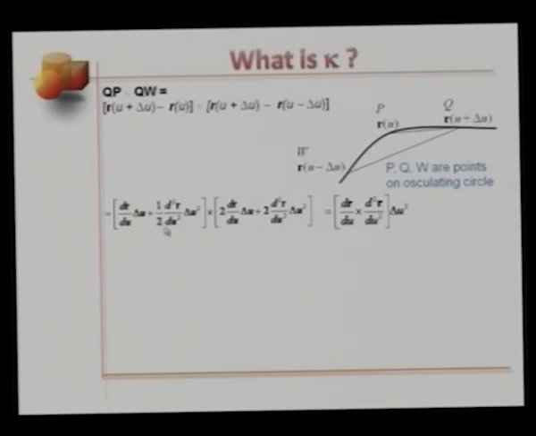Now, this term crossing with this term. This half cancels with this 2. We'll have d2r over du squared crossed with dr over du. If I reverse the two terms around the cross product, I will introduce a negative sign.